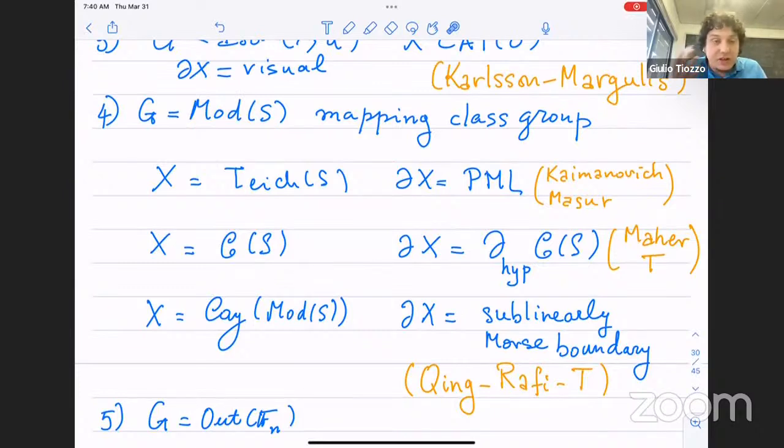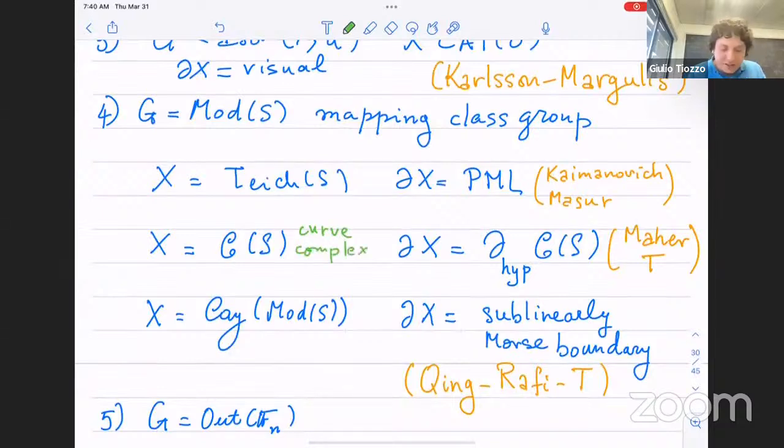However, this is somewhat relying on Teichmuller theory. So in a sense, it's not super intrinsic to the mapping class group. Then Joseph and I looked at this other action, the action on the curve complex. Maybe I should explain what my notation is.